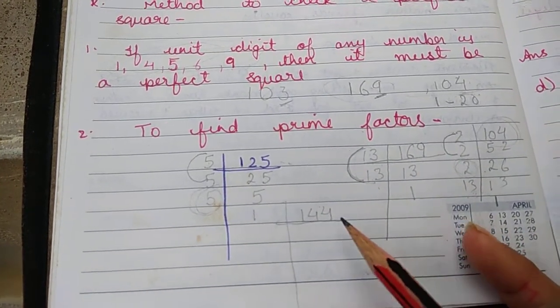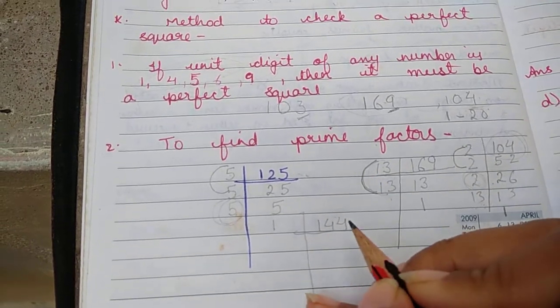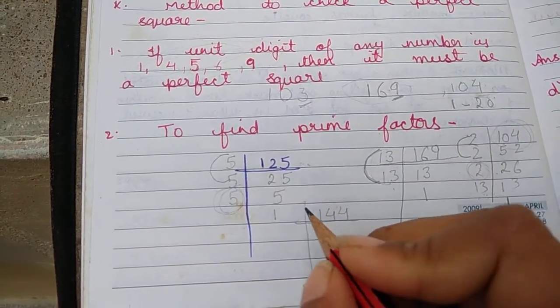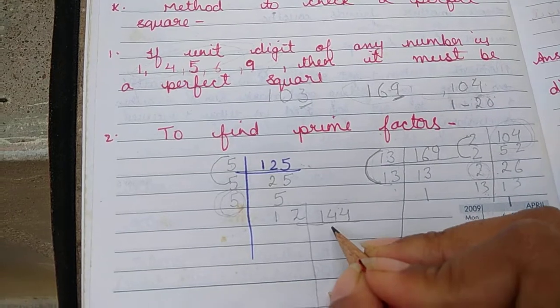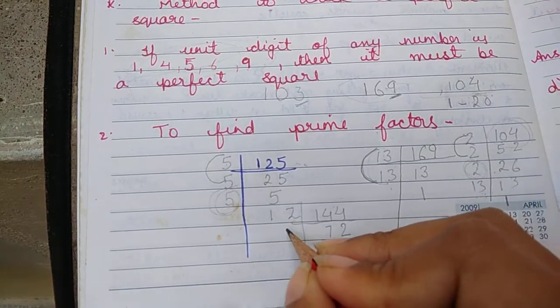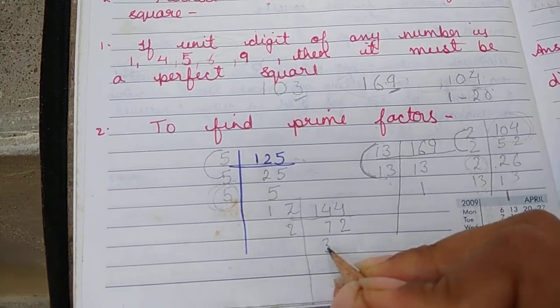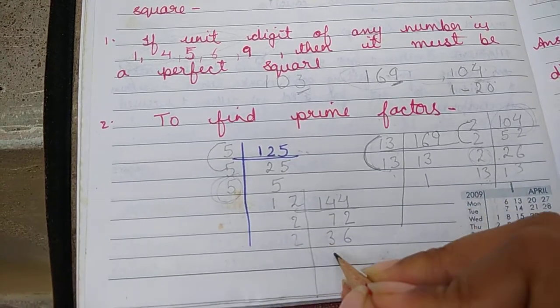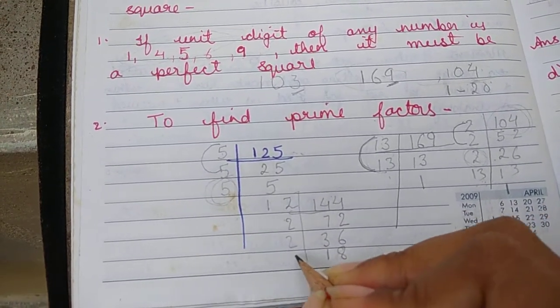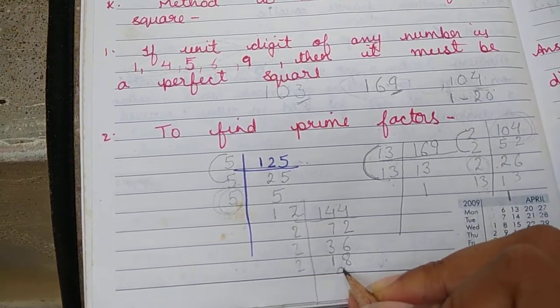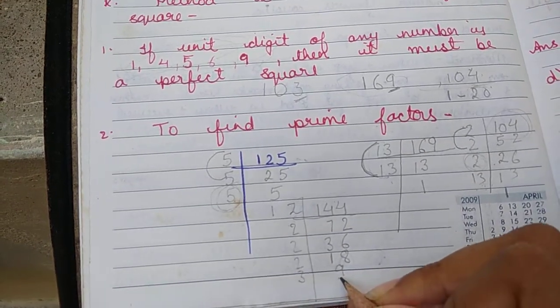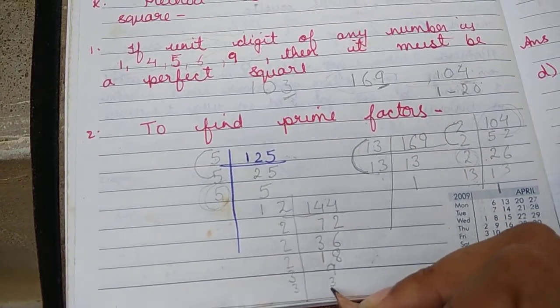So 144 could also be. So let's try. It is an even number, so we'll start with 2. 2 7s are 14, 2 2s are 4, 2 3s are 6, 2 1s are 2, 2 9s are 18, then 3 3s are 9, 3 1s are 3.